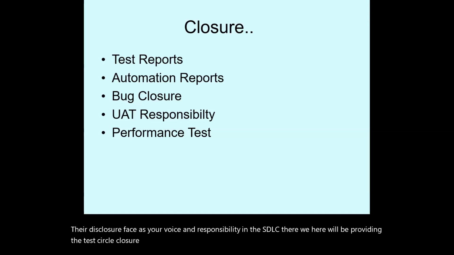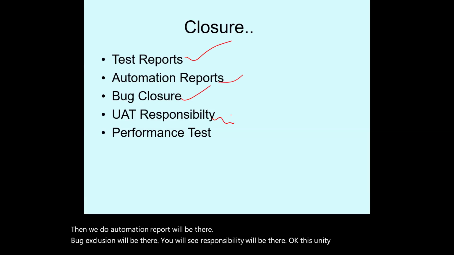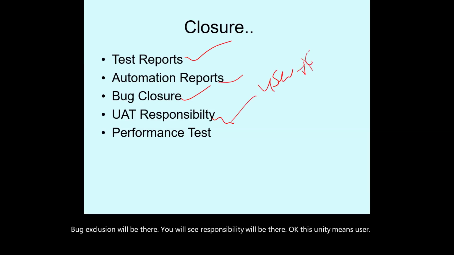Test report will be there. Then the automation report will be there. Bug disclosure will be there. UAT responsibility will be there. This UAT means user acceptance testing.